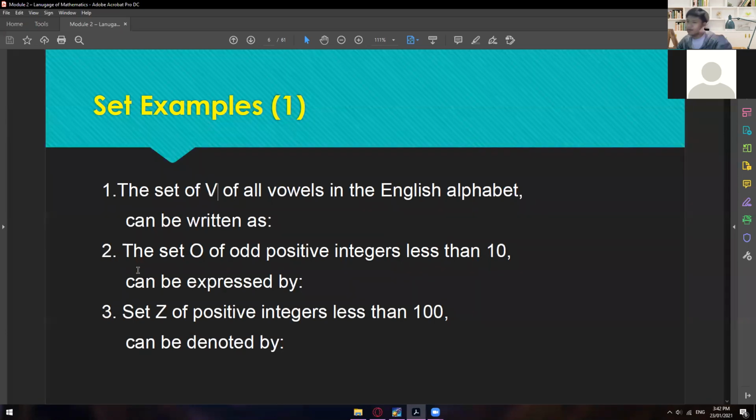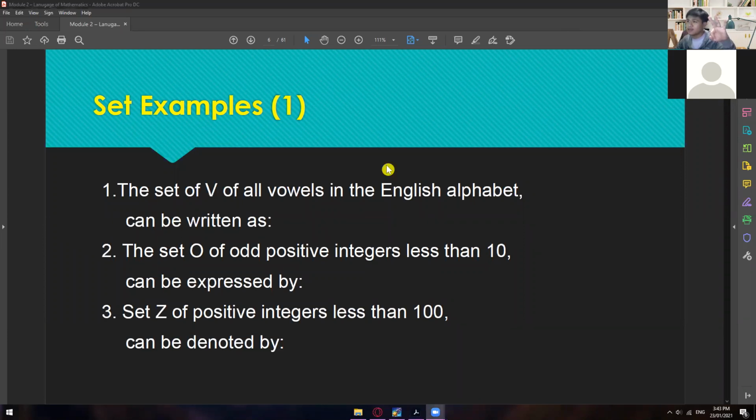Anyone who wants to volunteer? I'll count 5 seconds. If none, then I'll just be the one who's going to answer it. 5, 4, 3. I'm not really sure if this one is I or L. But anyway, the answer of Mr. Ryan came as a direct message, so you guys cannot see it.